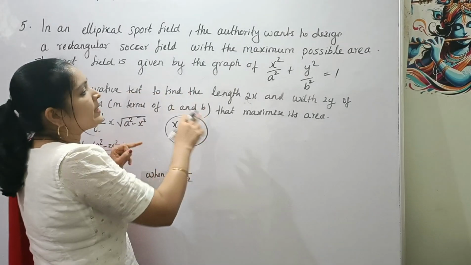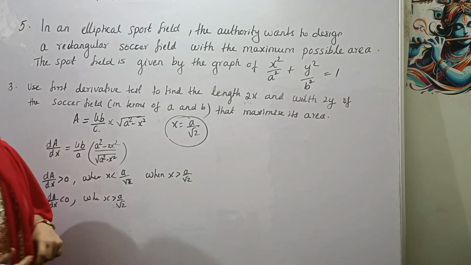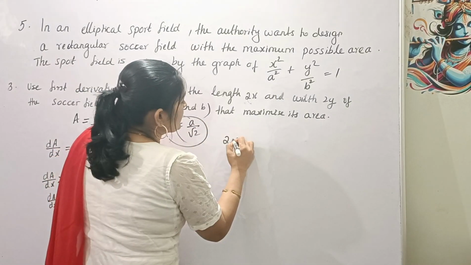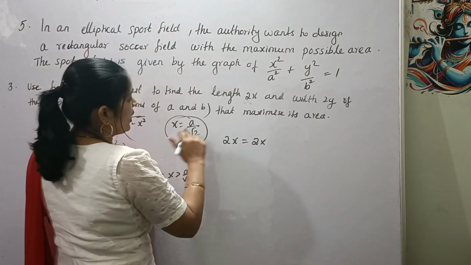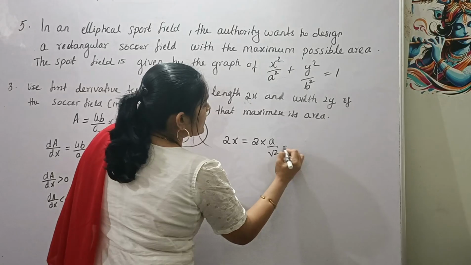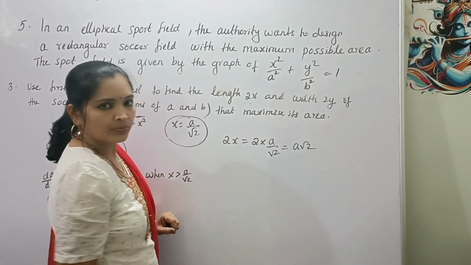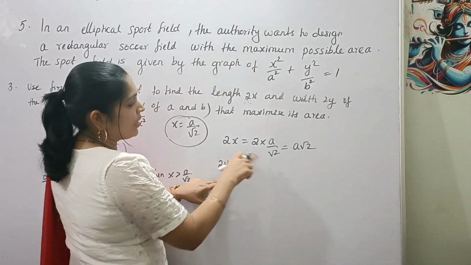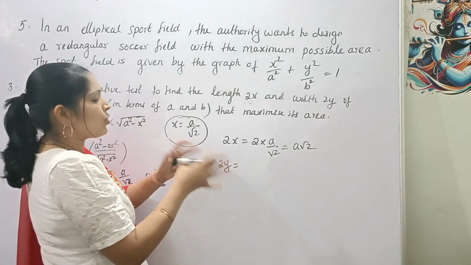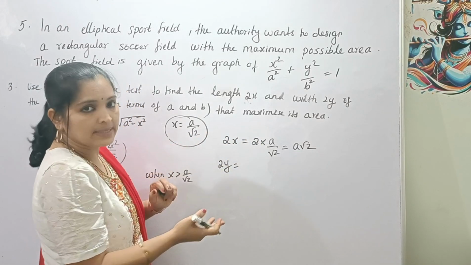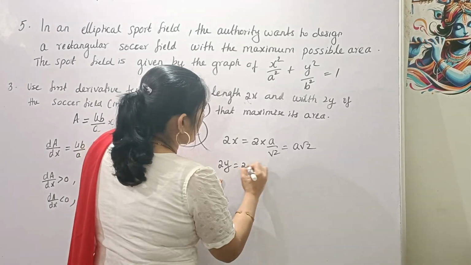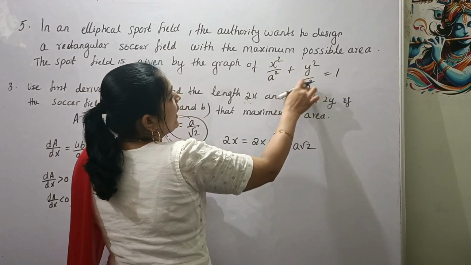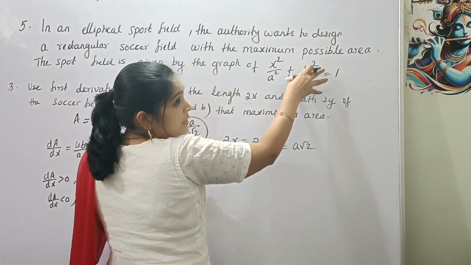Now we have to find the length and width of the rectangular field, right? So length 2x is equal to 2 into a by root 2, that is a into root 2. Next 2y. Here we have to substitute the x value, so first of all we have to write y in terms of x.